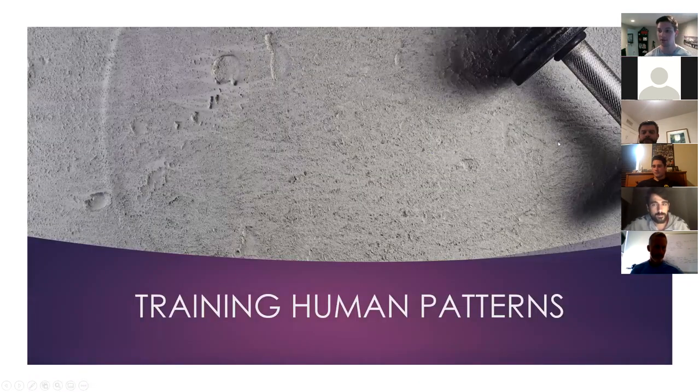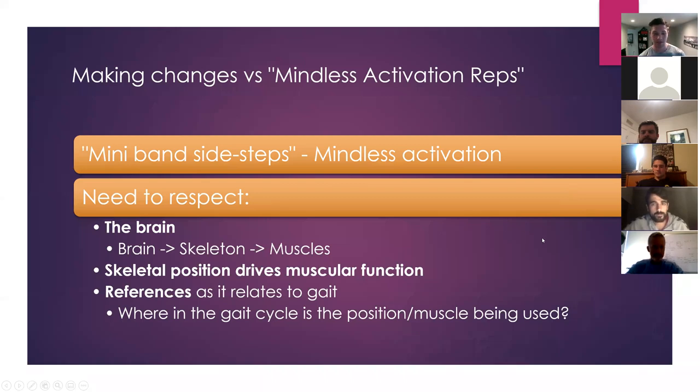All right, now let's get into a little bit of other stuff as it relates to these biomechanics here. So this slide I think is massively important. I've had this slide in for as long as I've been doing this. I just can't get rid of it because this slide matters so much. I think this is probably the most important slide in the entire presentation. So if we've got someone who has a weak glute med, we might think, all right, let's give you some mini band side steps.